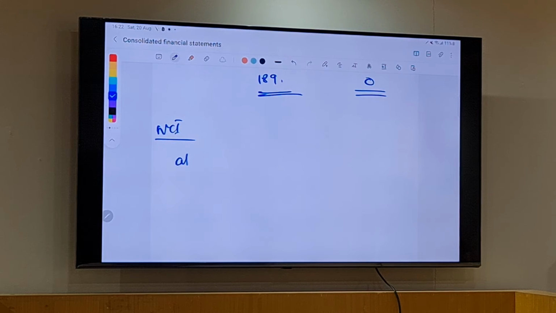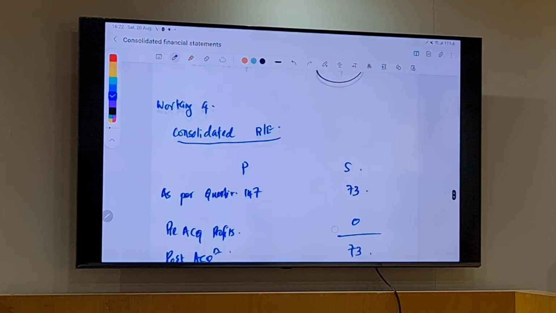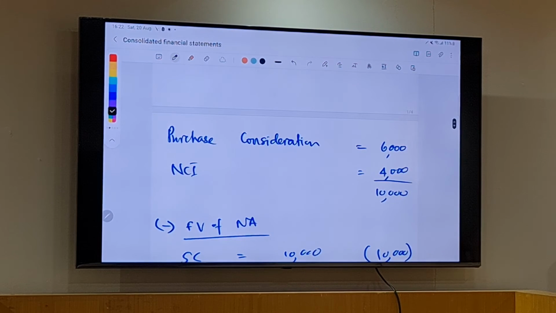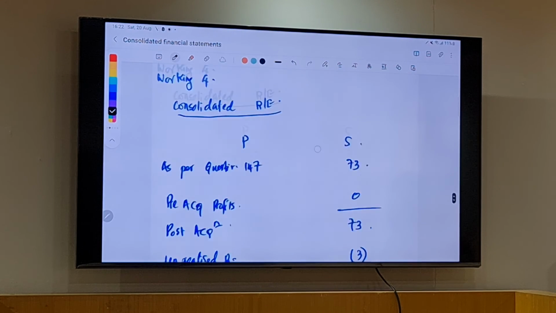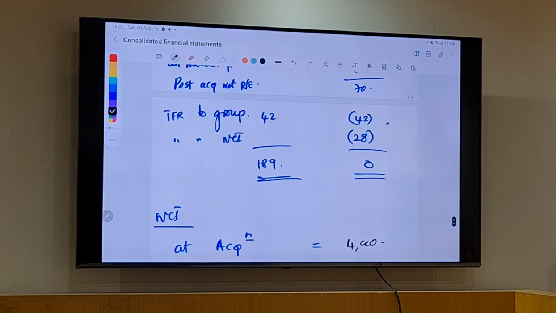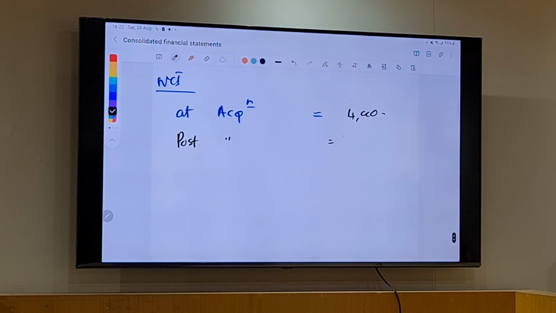Now NCI. At acquisition, how much? At acquisition is this number, which is... So, how much? 72.